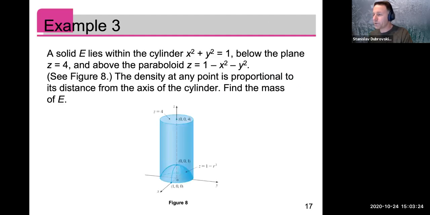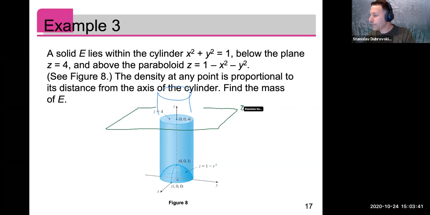So here's an example. We want to calculate the mass of this solid, and the solid is within the cylinder, but below the z equals 4 plane, and above the paraboloid z equals 1 minus, think about it, x squared plus y squared, this paraboloid.